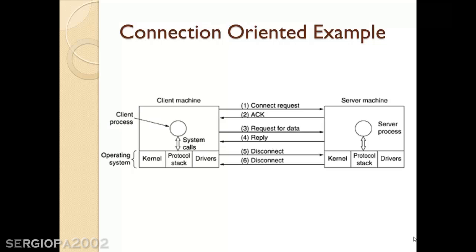You can see how a connection-oriented service establishes that connection and also maintains it with a series of ACK reply messages. This is why it's called connection-oriented: the connection is maintained throughout the entire transmission of the data. If this was a connectionless example, you wouldn't have those acknowledgement packages going back and forth.